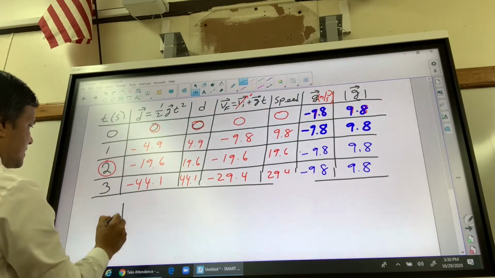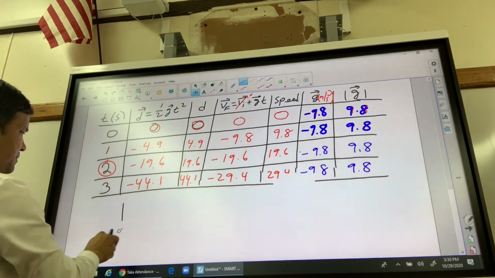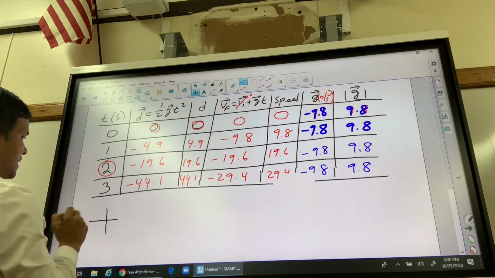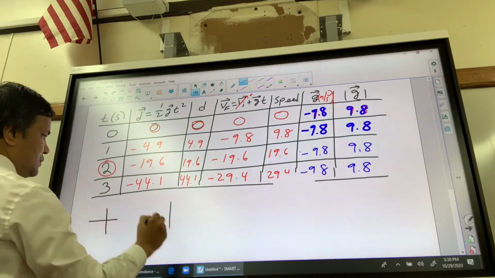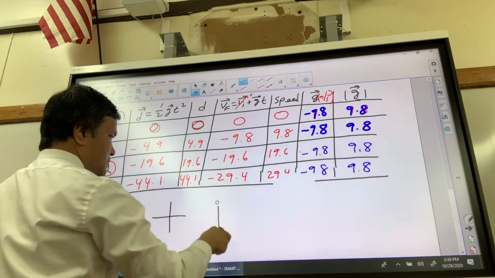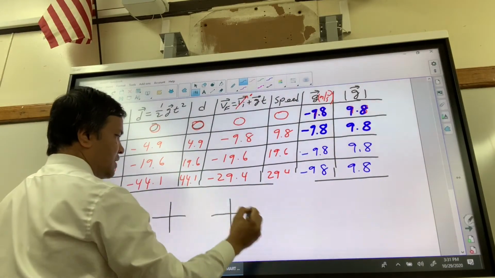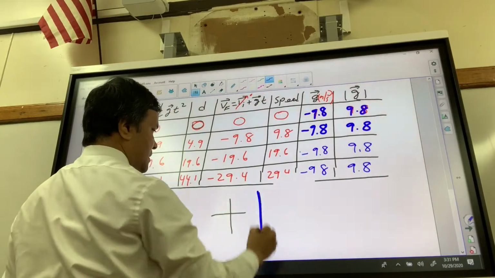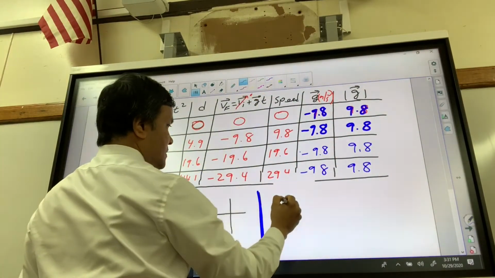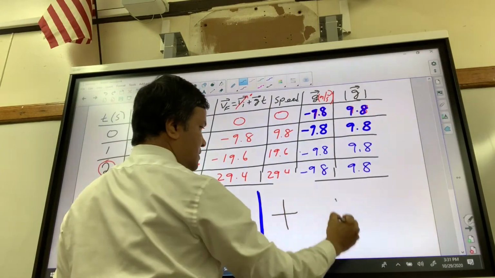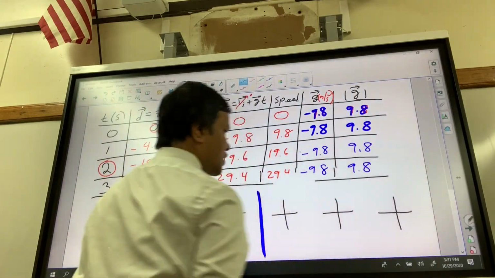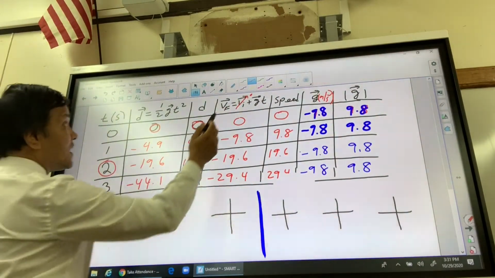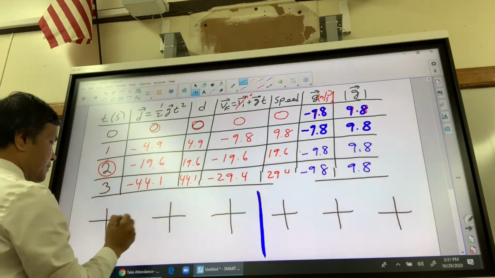Let's draw the distance versus time graph first. There are a total of 6 graphs we're going to do: 1, 2, 3, and then this one, 1, 2, 3, altogether 6. The x-axis we're always going to call t.